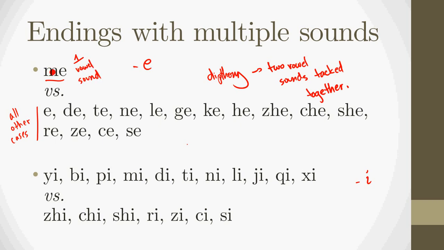So we have m, and then in this row we have d, t, n, l, g, k, h, j, ch, sh, r, z, c, s. Okay, so that's how the E goes.